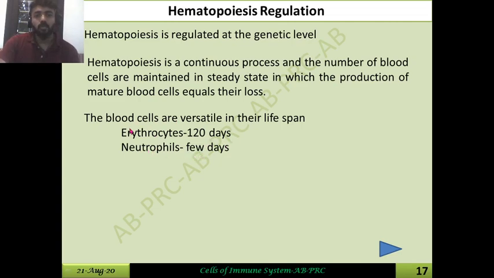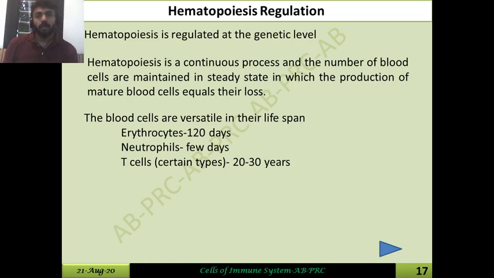But that's not true for all the blood cells. When you talk about neutrophils, they live only for a few days. But at the same time, certain T cells or certain memory cells will survive for long years, right? So there are different cells with different lifespans. So there should be a kind of regulation for hematopoiesis.